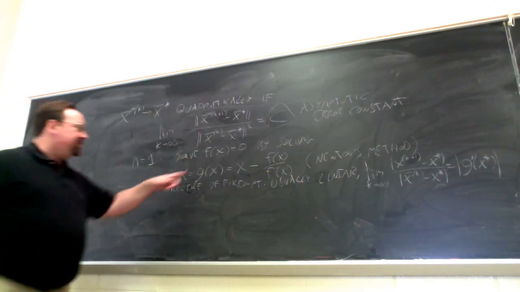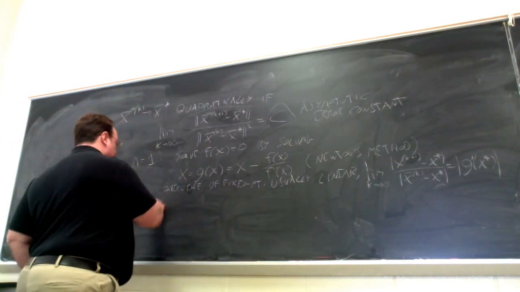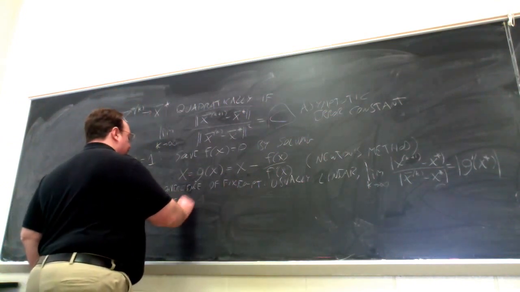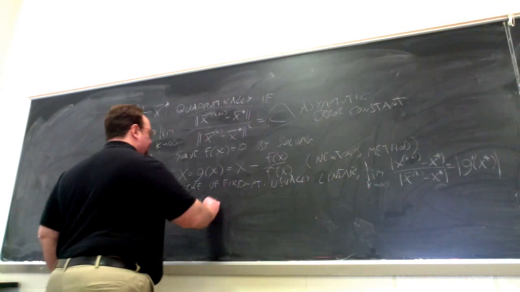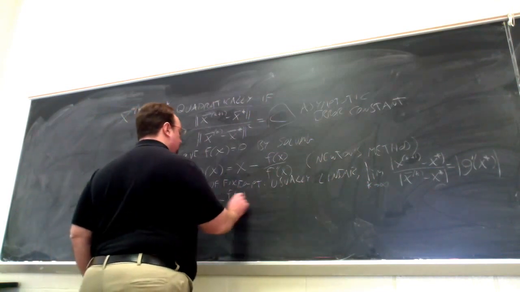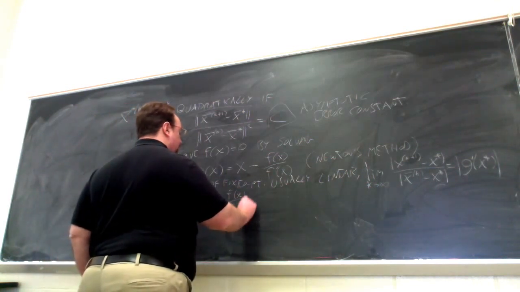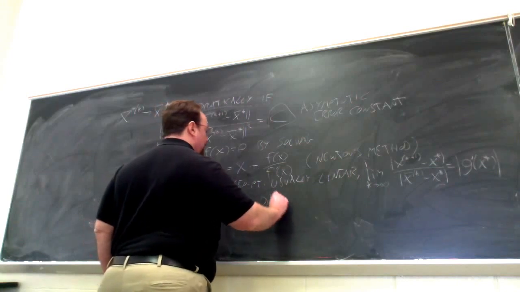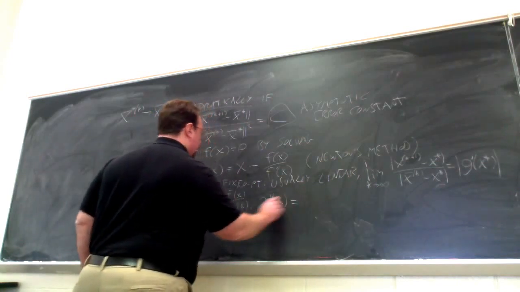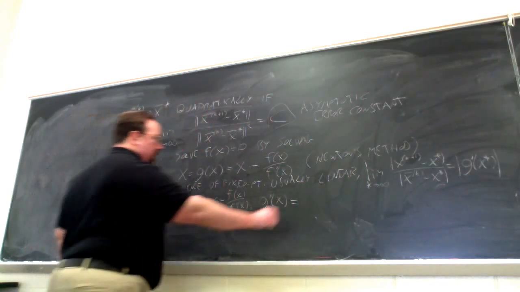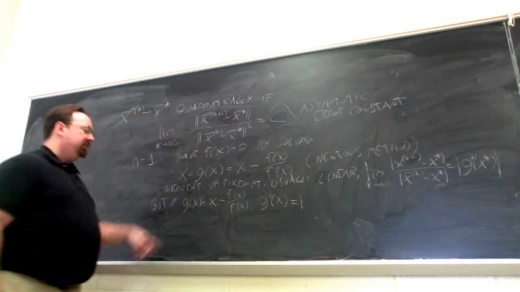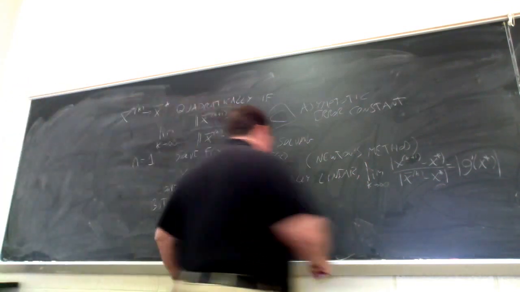But now let's look at this g prime of x. So g of x is equal to x minus f of x over f prime of x. Let's differentiate this. We get 1, and then we have to use the quotient rule on this. Fun.